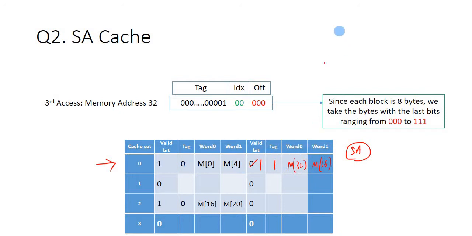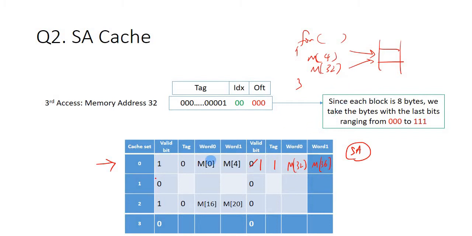You can imagine that if I have a loop where I'm continuously accessing memory 4 and memory 32, one after another, and this was a direct map cache where they both map to the same cache line, this would have been a continuous miss, because each time I would have to replace the cache line.